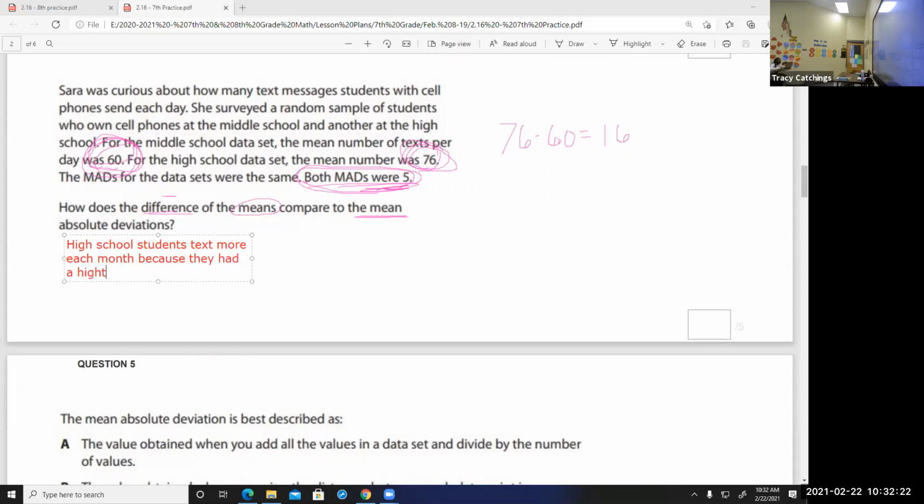They had a higher mean and the data was close together, compared to the middle school, having values only around 60. So it's just showing us how we can use the data they give us to help us rationalize about information. Any questions about it?